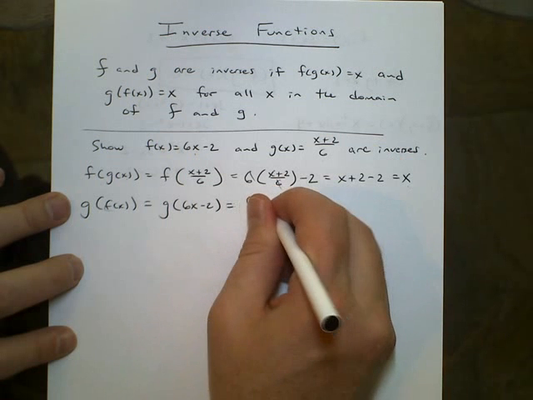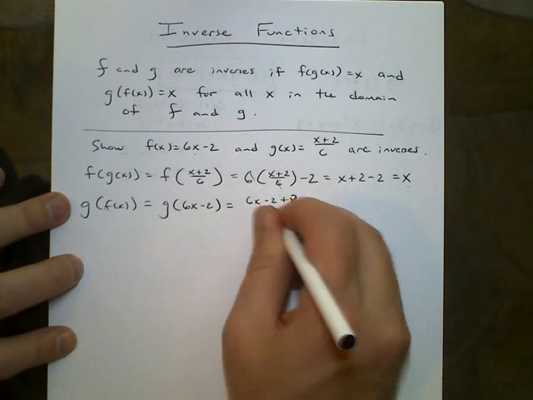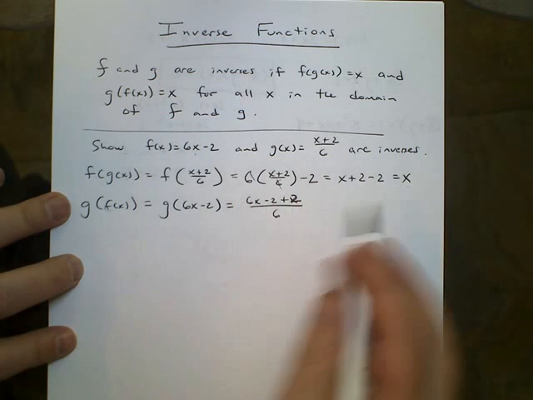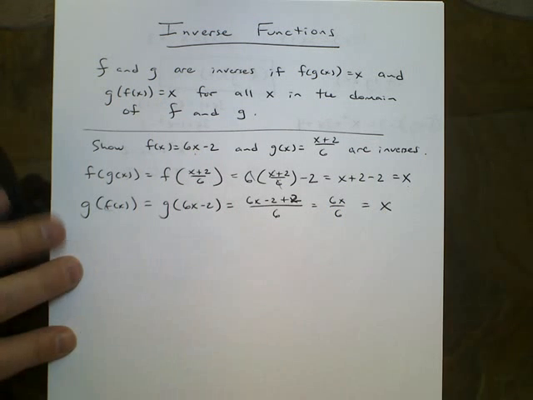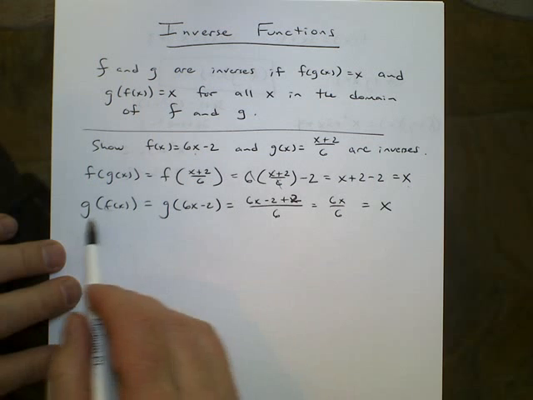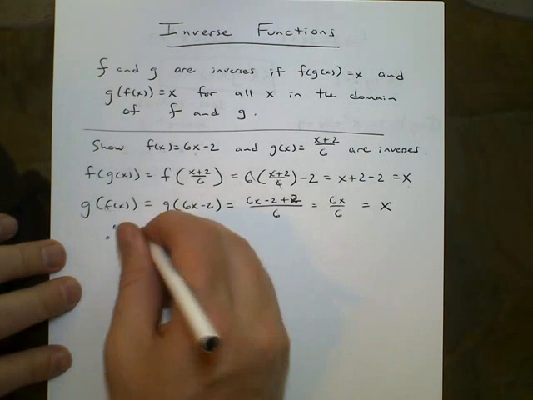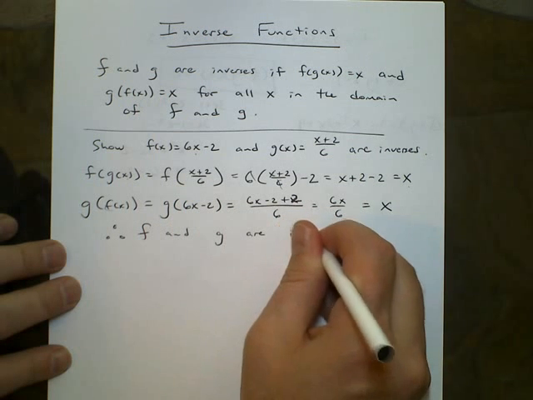We get (6x minus 2 plus 2) all over 6. The 2's cancel. We get 6x over 6, which is equal to x. So, because f of g of x is equal to x and g of f of x is equal to x, we can say, therefore, remember the three dots means therefore, f and g are inverses.